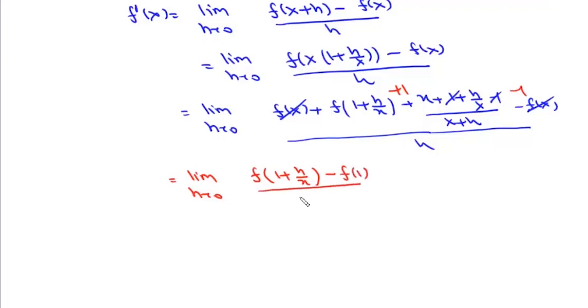So this first part will be (f(1 plus h upon x) minus f(1)) upon h, and then plus this limit h tends to 0, and if we simplify this, we'll get this as (h upon x minus h) whole divided by h, and here this is x plus h.